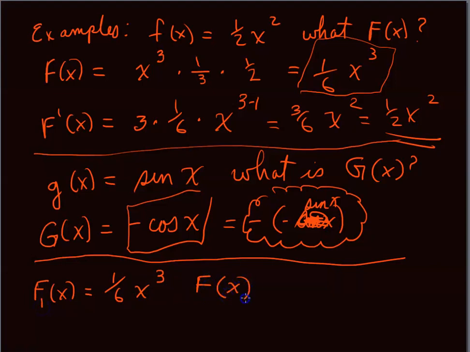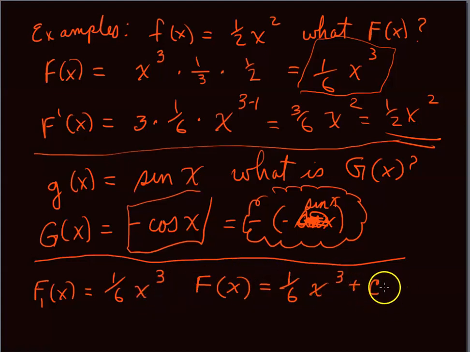Can you think of another function that would work that would give you the same answer, this 1/2 x squared? Well, the easiest way to do that is saying, if I added a constant, then the derivative of a constant is 0, and it would be the same.